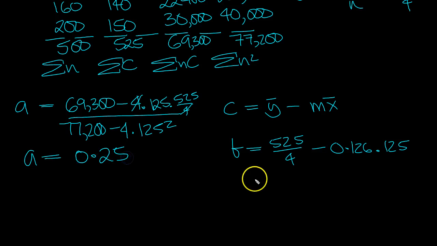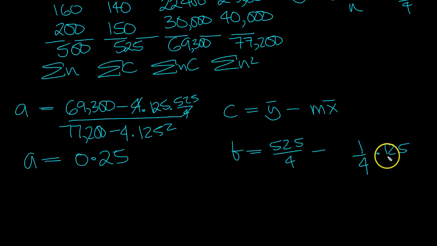That'll work out well. And then b will be, 1/4 here, wouldn't it? 1/4 times x bar. X bar is 125. Okay.